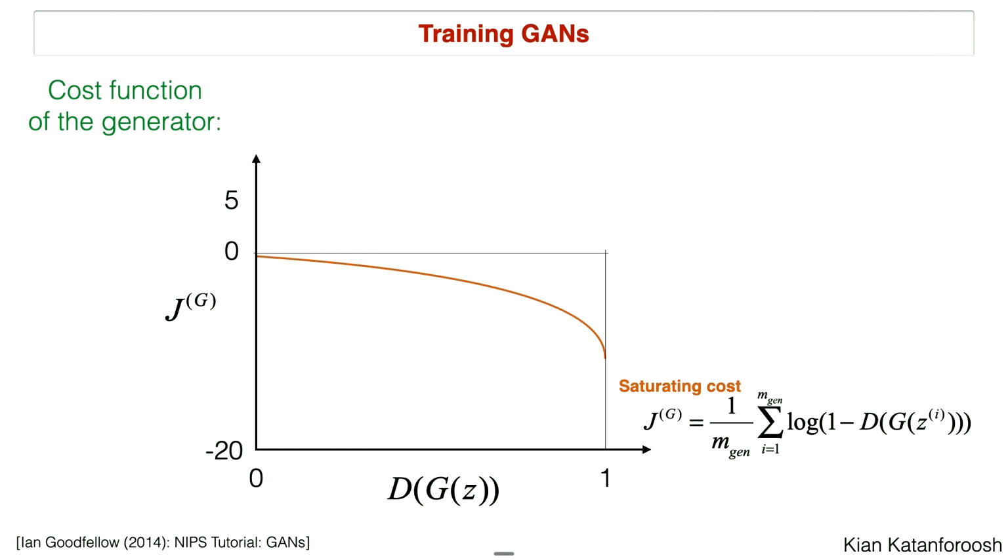The problem is that the generator's cost is super flat at that level, meaning we have very small gradients. In other words, the signal flowing back to the generator is extremely small, so the generator is not learning a lot, which slows down training early on, and that may be highly problematic.